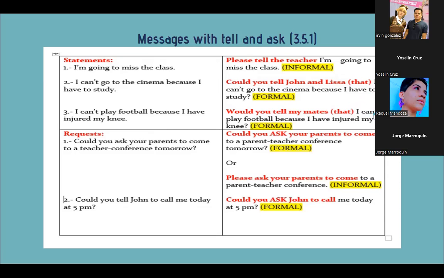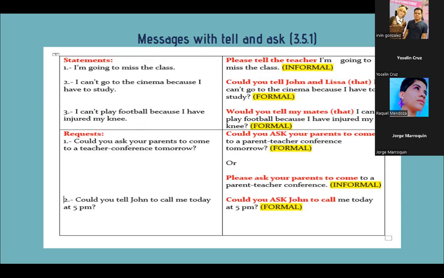It's not a question modal. In this case, this modal does have to stay because it means I can't play. If we remove the can't, it would be: tell my mates I play football because I have injured my knee. Does that make sense? No, right? It doesn't make sense. So, be careful, okay? If the word can is showing ability in a sentence, you have to leave it. Okay, Juan, let's see request number 1.